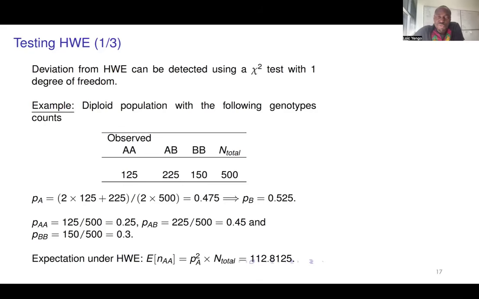So for example, the frequency of the AA genotype should be the frequency of A squared, PA squared. Because we know the total sample size, if we multiply that PA squared by the total sample size, that will give us our expected genotype count. So here we would expect 112 under Hardy-Weinberg equilibrium.